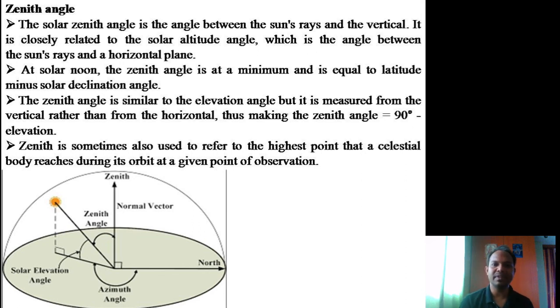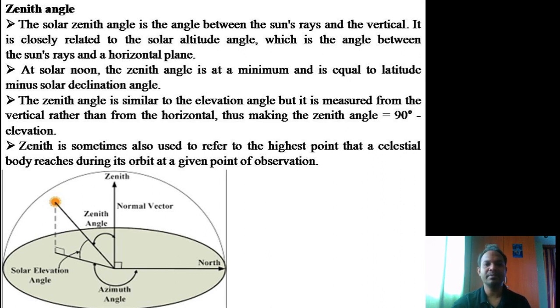So it is minimum and is equal to latitude minus solar declination angle. The zenith angle is similar to the elevation angle, but it is measured from the vertical rather than from the horizontal, thus making the zenith angle 90 minus elevation angle, or altitude angle. That is what we have already discussed.